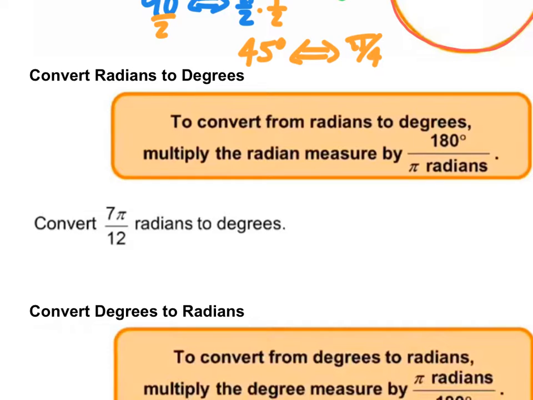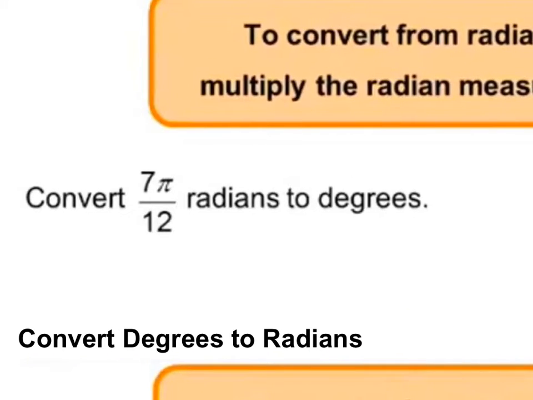We use this formula where we multiply the radian measure by 180 degrees over pi radians. If I wanted to take this number, 7 pi over 12, and convert it into degrees, I multiply it by 180 over pi. Your pi's are going to divide out.